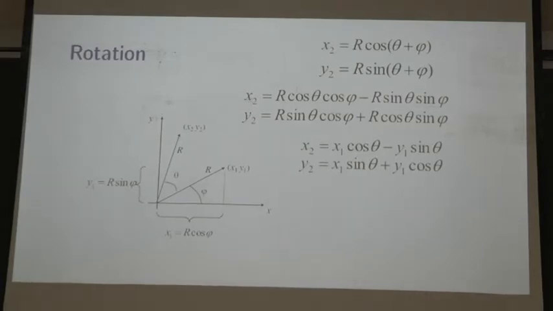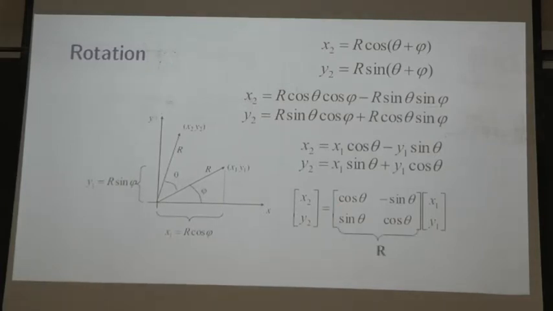So all I'm going to do now is write it as a matrix multiplication. So x2, y2 is, but this is the same thing as that, right? You realize, because x1 cosine theta minus y1 sine theta and x1 sine theta plus y1 cosine theta. Okay? So hence, this is a rotation matrix.